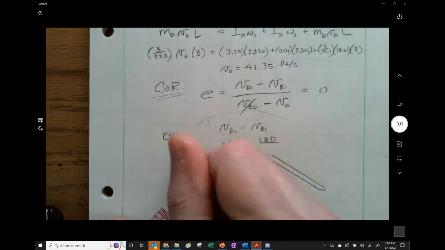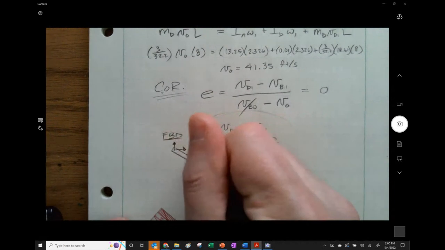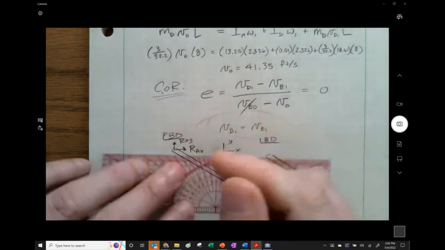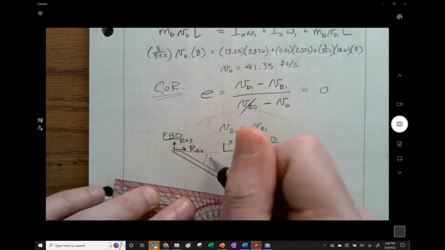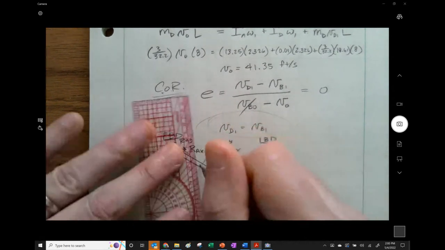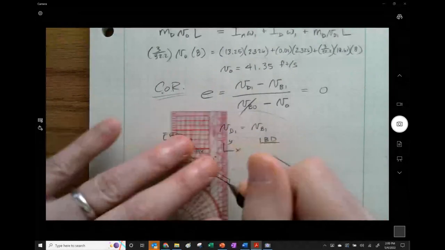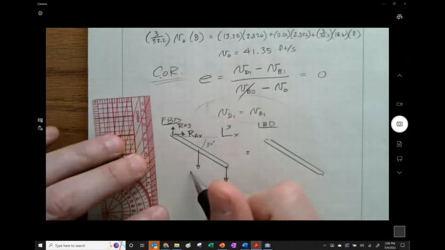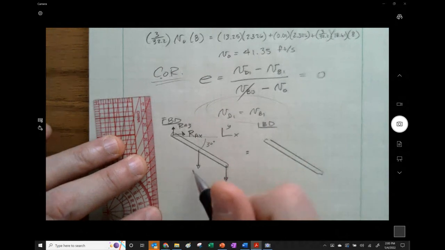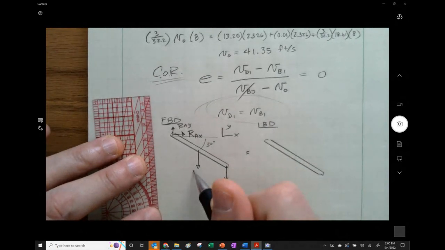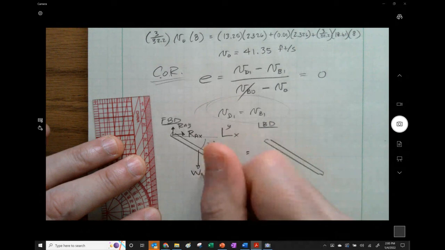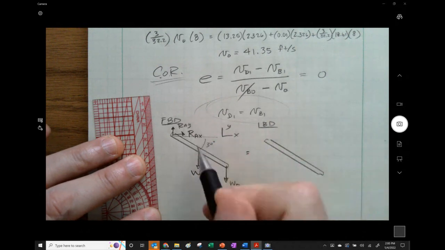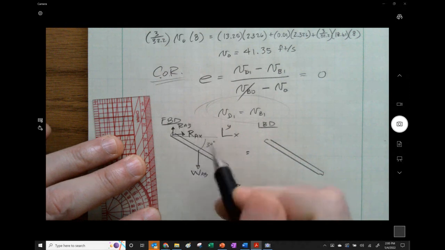All right, so we have the forces here at the pin, which I'm going to call RAX and RAY. And of course, this thing is at 30 degrees. And we have the weight here, and we also have the weight right there. It's the weight of the total of AB, and here's the weight of the drone.